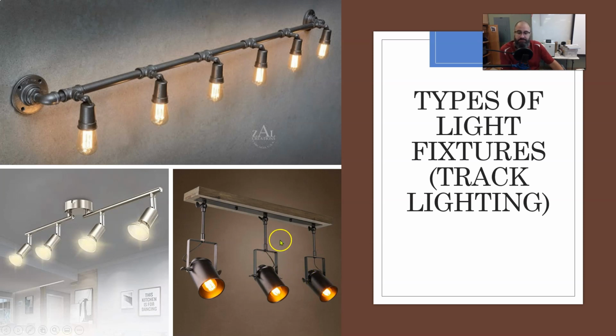But these tracks can be mounted on the ceiling or on the wall in this case, and each individual fixture can be focused on a certain area. This can also go into the place of task lighting, or even accent lighting. So accent and or task lighting, you can actually use these track lighting fixtures.